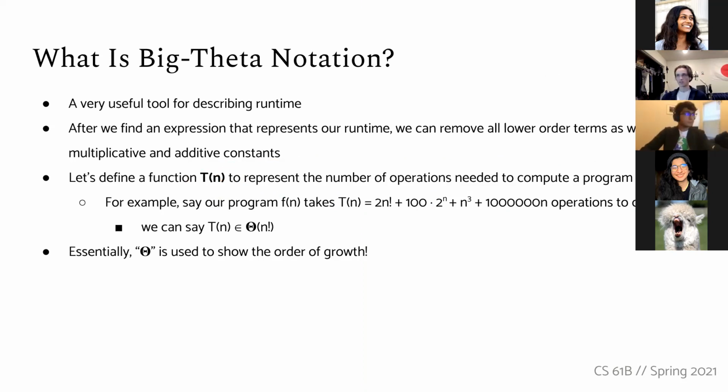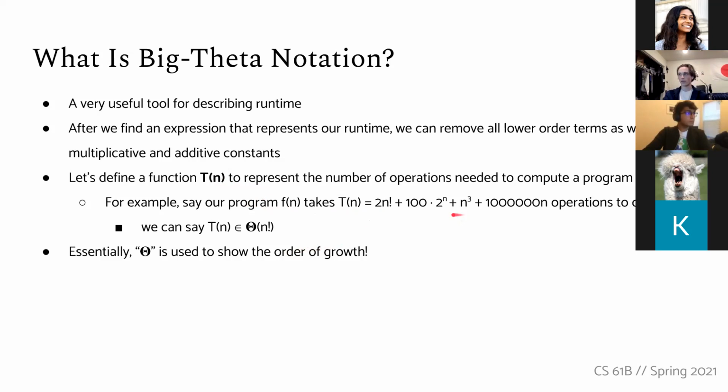This is the same as representing a function that will represent the time our function takes for some input n. We'll say our program f of n takes t of n equal to 2n factorial plus 100 times 2 to the nth power plus n cubed plus 1 million times n operations to compute.